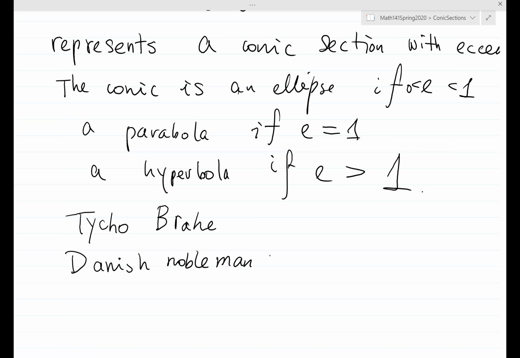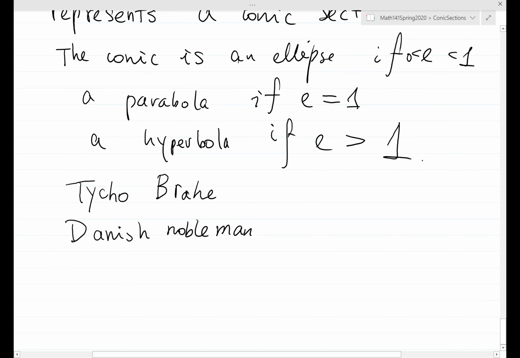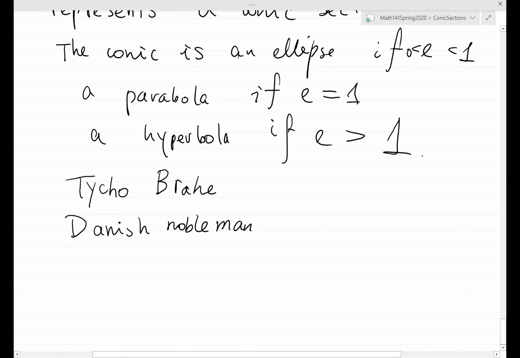Actually, he and his assistant Kepler produced the first map of the positions of the stars. They had a lot of data. And then when Tycho died, the copyright of this data was given to probably Tycho's son-in-law.